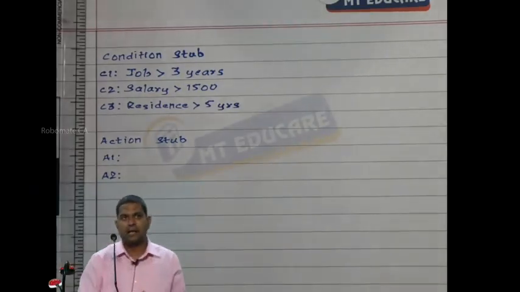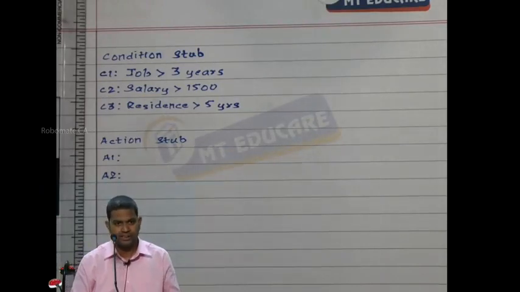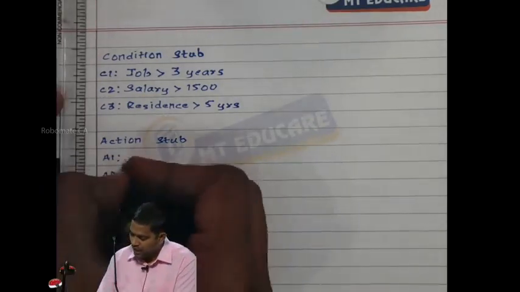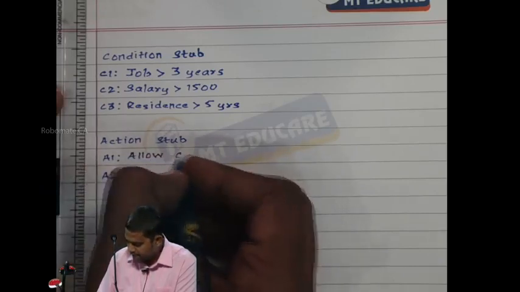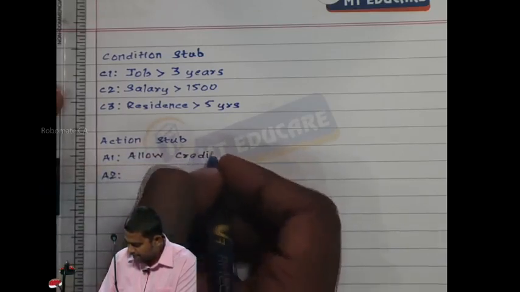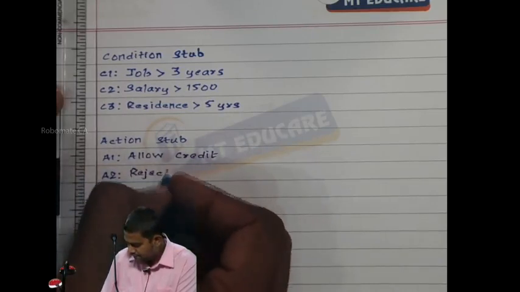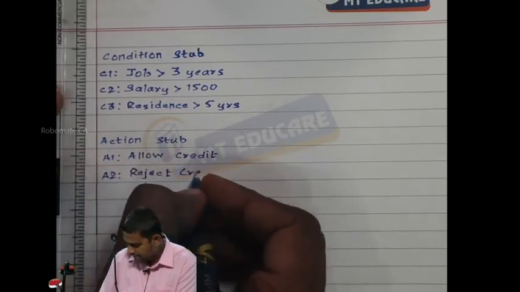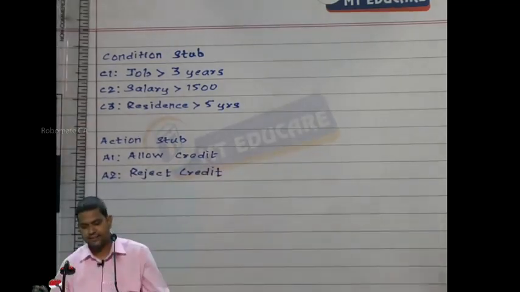Now in the action stub, what are the possible actions? First one is allowing credit or reject credit.